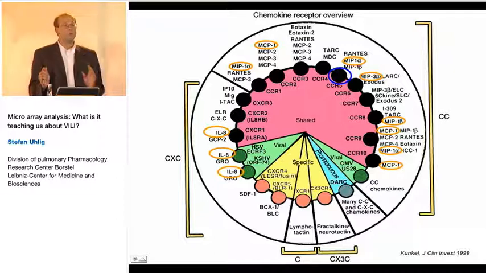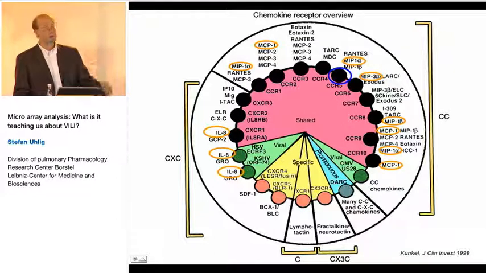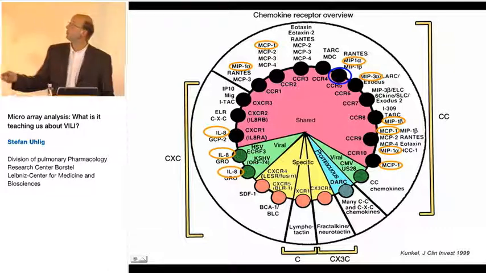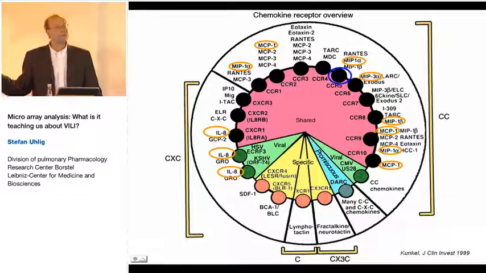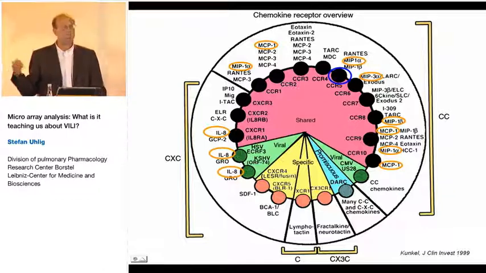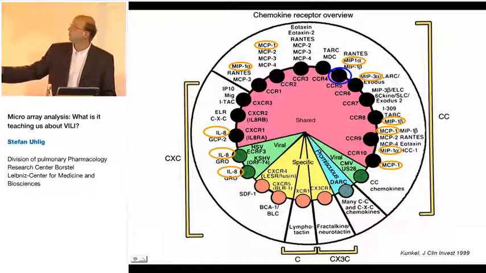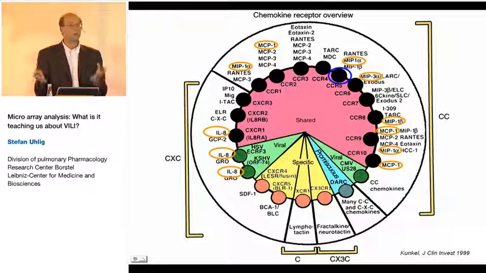And I will give you only one example and then show you how we pursued this example, and this has to do with chemokines. So we realized that a lot of genes associated with inflammation were activated, and many of them also chemokines. So you see here the whole tree of chemokines that we have, and this system, as you will know, is very redundant.